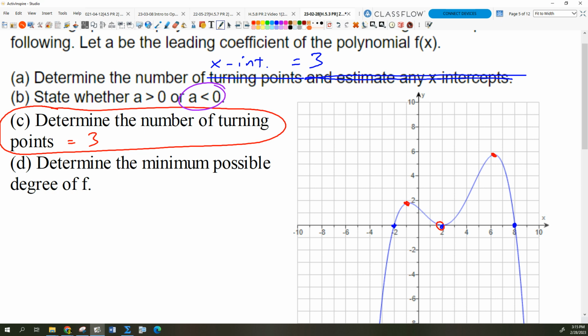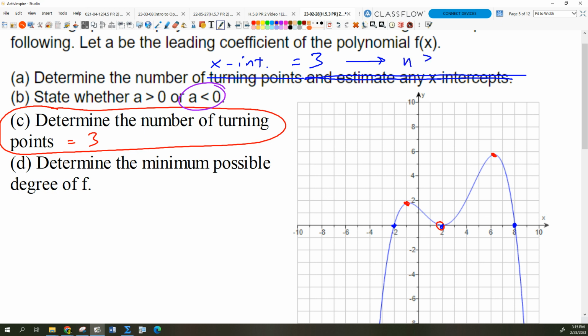Okay, I'm seeing variation in answers. Let's break this down. I want to see if we can all arrive at the same answer here. What does this clue tell us? If there are 3 x-intercepts, that implies the minimum degree of f is what? The number of x-intercepts is 3. That tells us the minimum degree is 3, right?